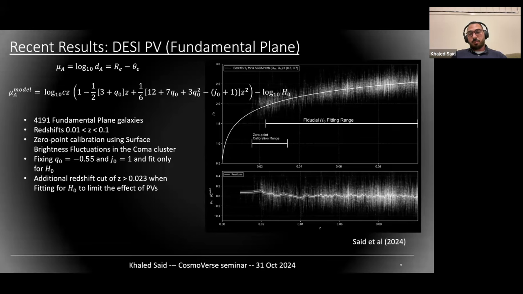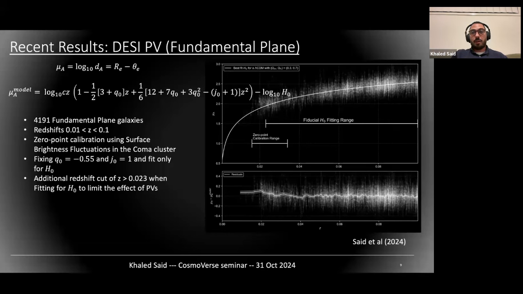So this is using 4,000 fundamental plane galaxies. The redshift range is between 0.01 and 0.1. For the zero-point calibration, we use the surface brightness fluctuation in the Coma cluster, and we used only one galaxy here. Again, this is not the best we can do, but during SV we were trying to streamline the whole process to prepare for year one data.